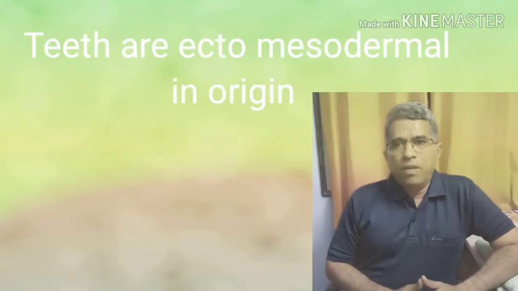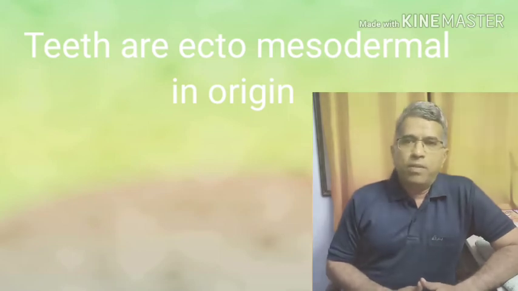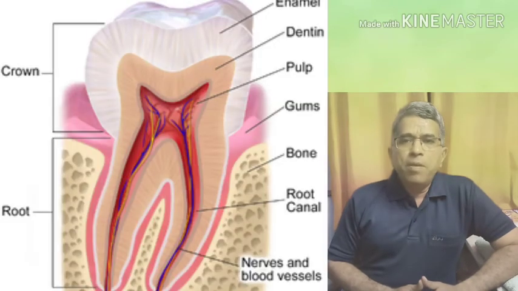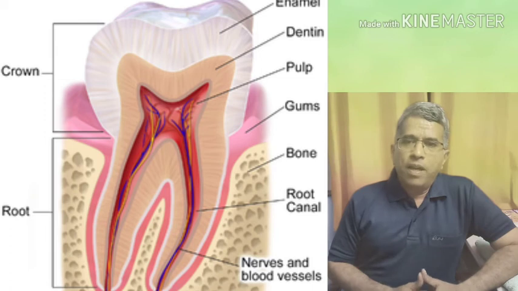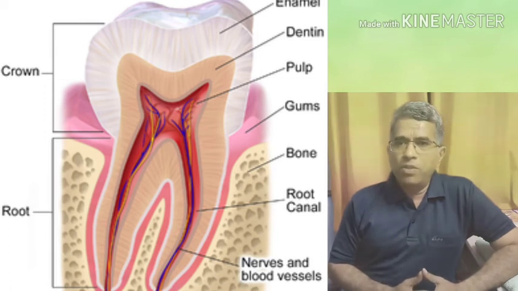The teeth are ectomesodermal in origin. The tooth of a human being contains three parts, namely the part that is embedded within the sockets of the jaw, called the root, and the exposed part which is shining, called the crown. The crown and the root are connected by the middle neck.